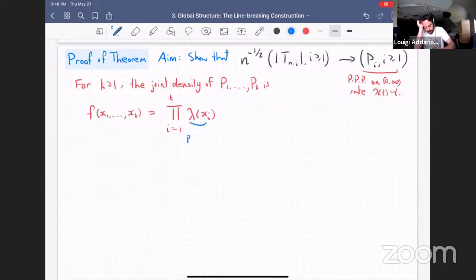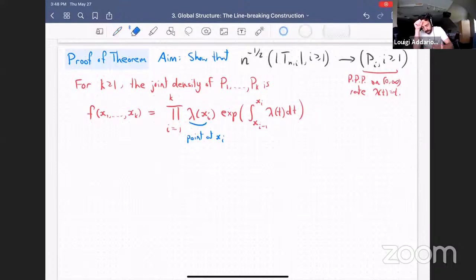Okay, so that corresponds to having a point at xi, and then we want no points between these successive times x1 up to xk. So that we'll write as an integral from x_{i-1} to xi of lambda of t dt. It's just useful to set x0 equal to 0.